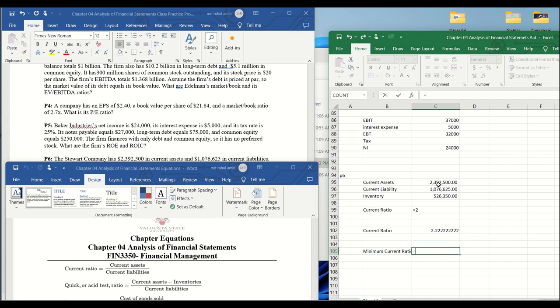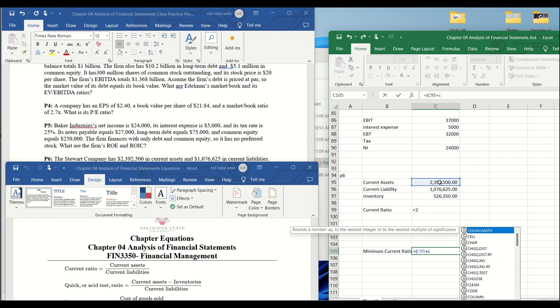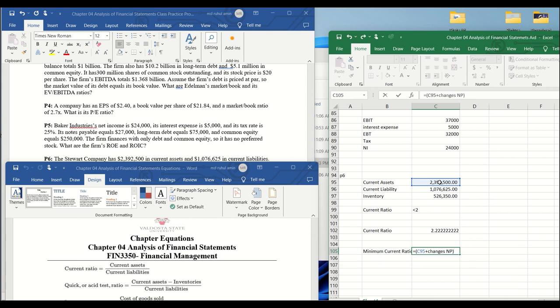So this current asset plus the change in notes payable, we can say change in NP, divided by the current liabilities plus the change in NP, equals 2.